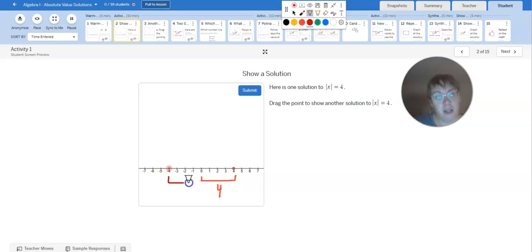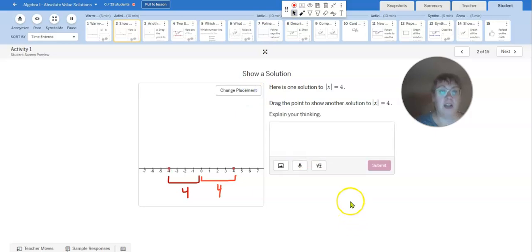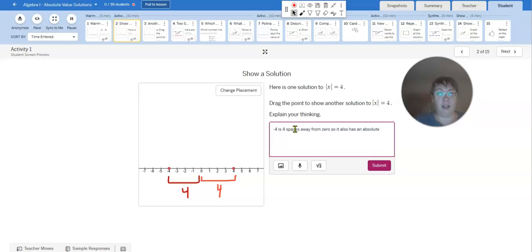So this also has an absolute value of 4 because it also has a distance of 4 from 0. So -4 is 4 spaces away from 0, so it also has an absolute value of 4. Beautiful.